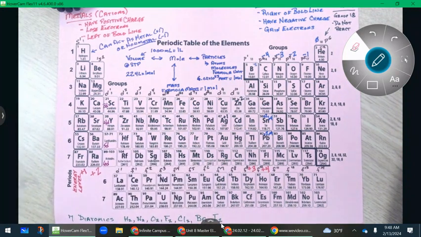The Ds fill one behind. In other words, even though they're in the 4th energy level, it's the 3Ds that are filling afterwards here, in between the 4s's and the 4p's. Questions? Seems confusing. It will get easier.